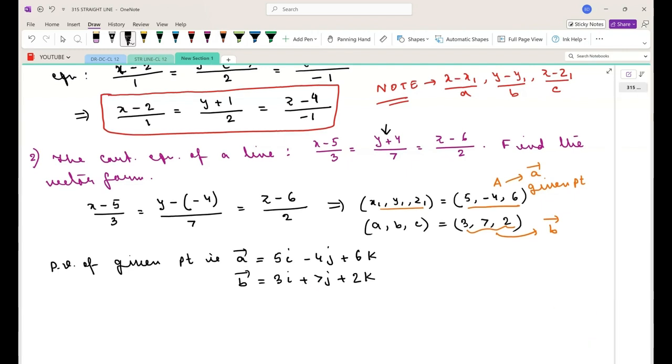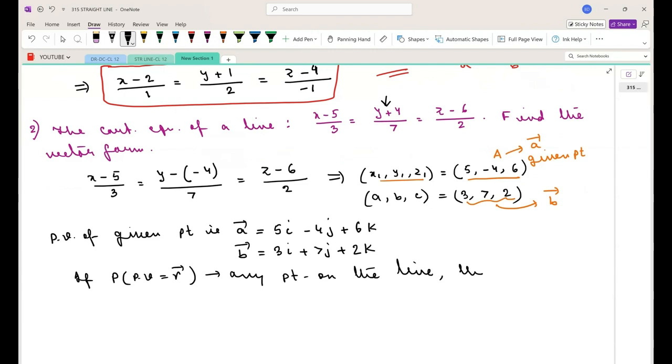So if the position vector r is any point on the line, then the required equation, we know, is r equal to a plus lambda b.